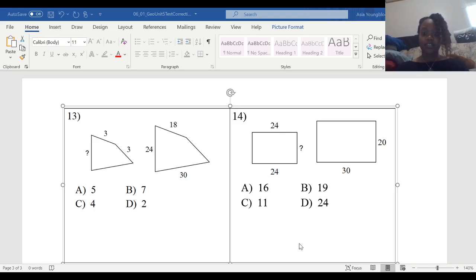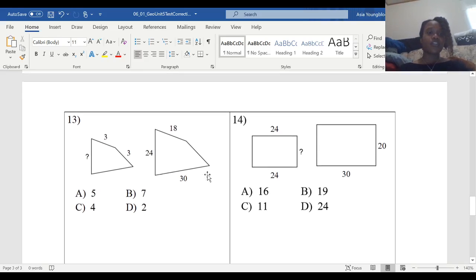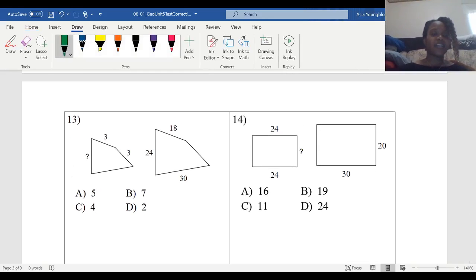In order to do that, the easiest method we can use is a ratio table. So let's start by identifying what our corresponding side lengths are. This side length 18 is going to match up with this side length 3.